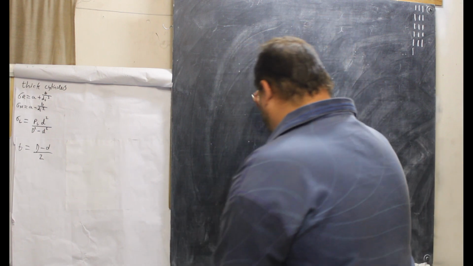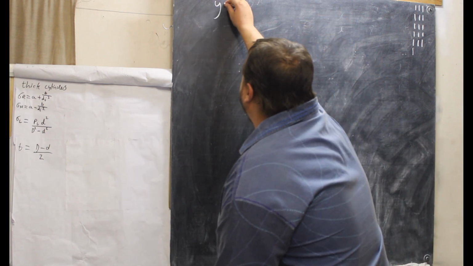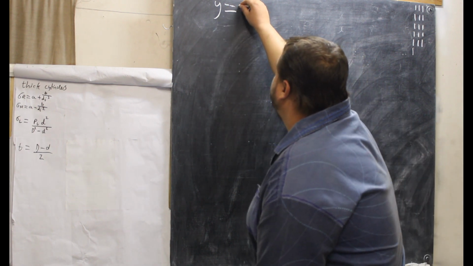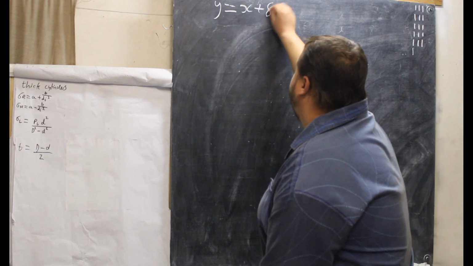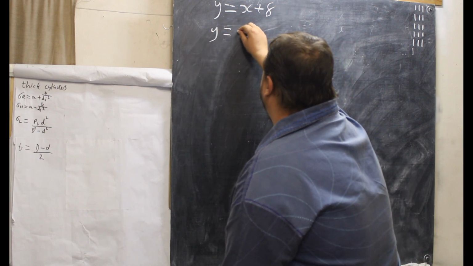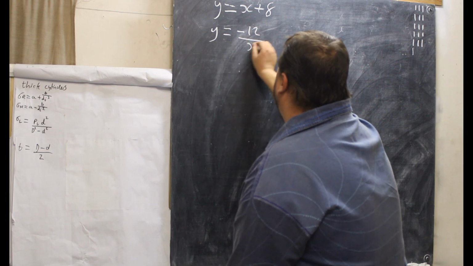Now, our two equations go y is equal to x plus 8 and y is equal to minus 12 over x.